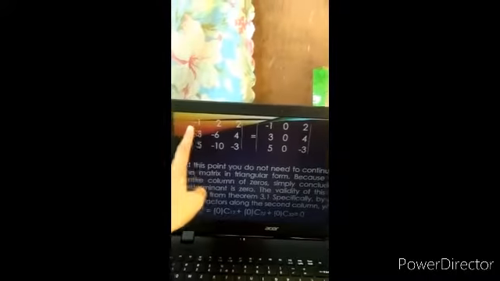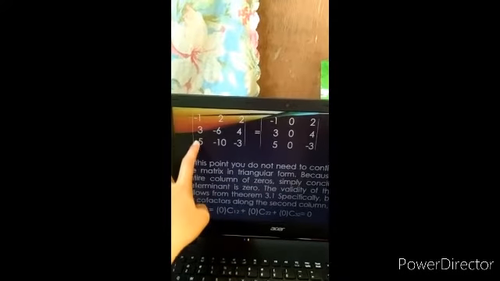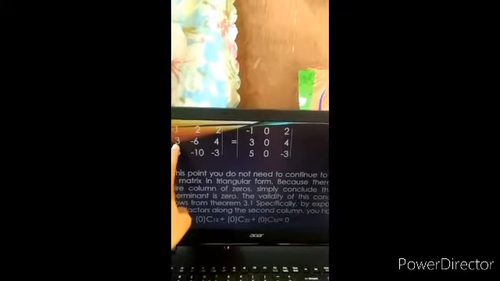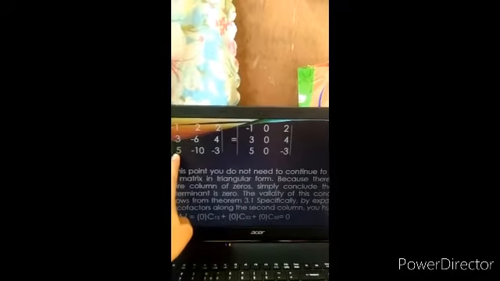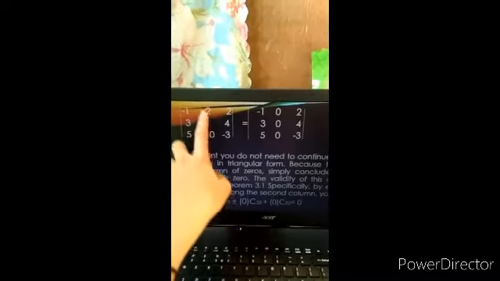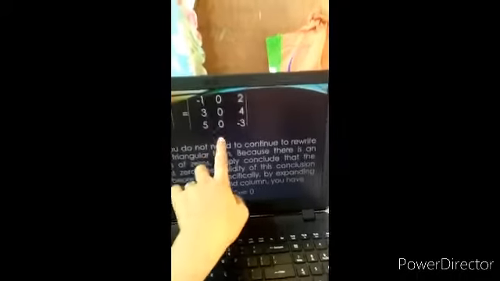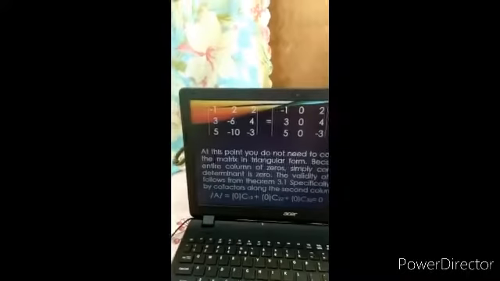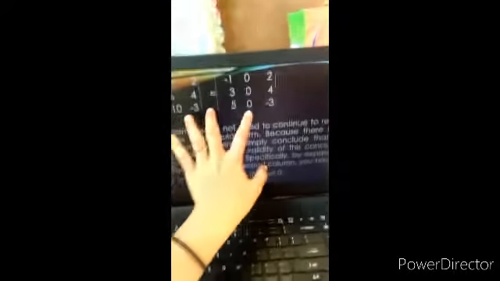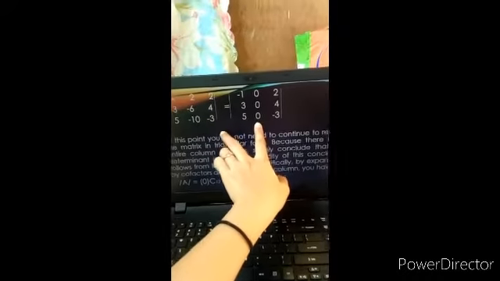So, we need to multiply by 2 and add to the second column to produce a new second column in the second matrix.